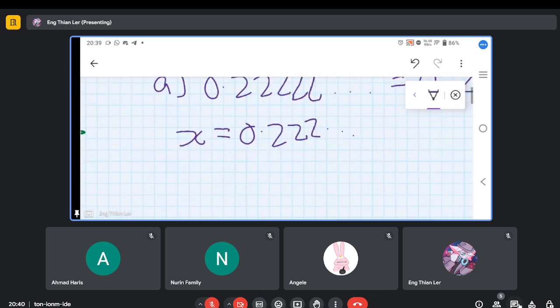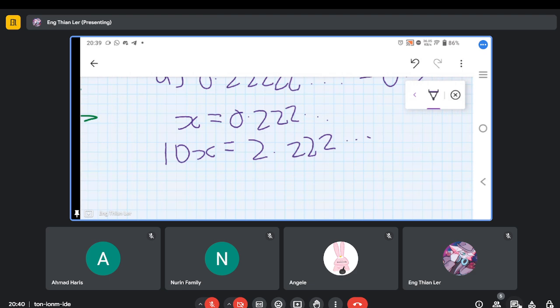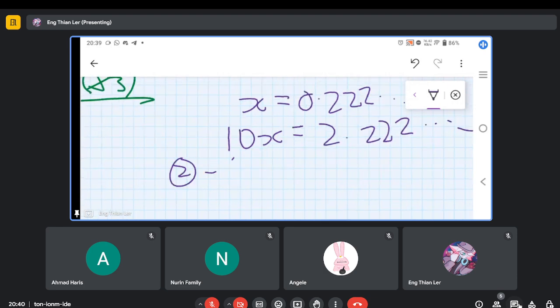0.2222. And then if you multiply by 10, 10x is equal to 2.222. This is the first equation, this is the second equation, and we need to do 2 minus 1.